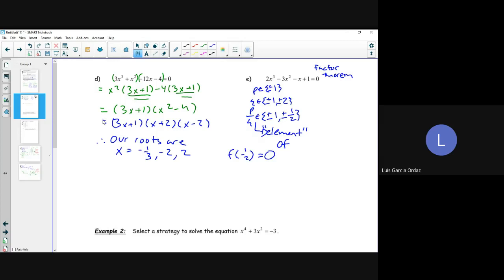Synthetic division. So 1/2. We have 2, -3, -1, and +1. Drop the 2, and then you're multiplying by 1/2, which gives us 1. -3 plus 1 gives us -2. -2 times 1/2 is just -1. Then you get -2, and then you get -1/2, and it gives us 0.